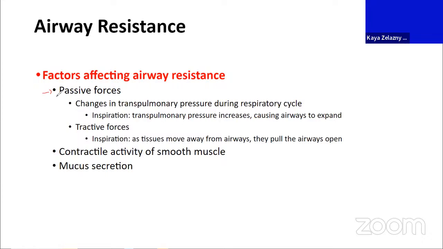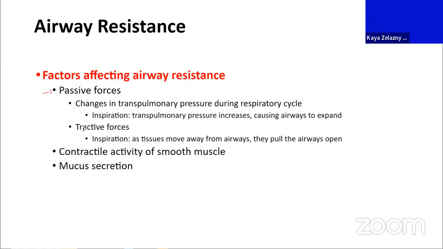You get it by taking the difference between the pressure inside the alveoli and the pressure of that interpleural fluid, right? So that's what's keeping those lungs stuck to the inside of the chest wall, following along the chest wall. So if we change that transpulmonary pressure, if we change any of those things, we might change our breathing cycle a little bit.